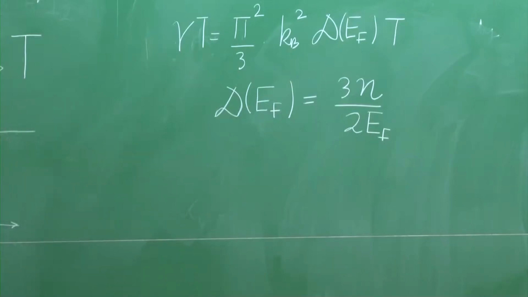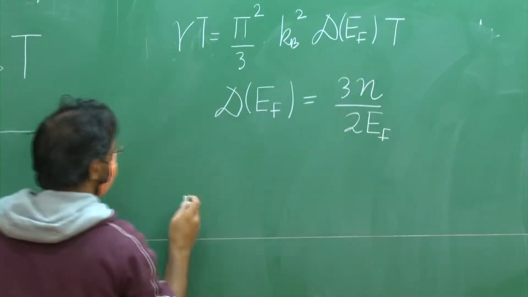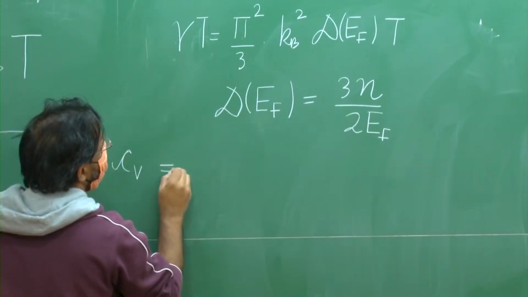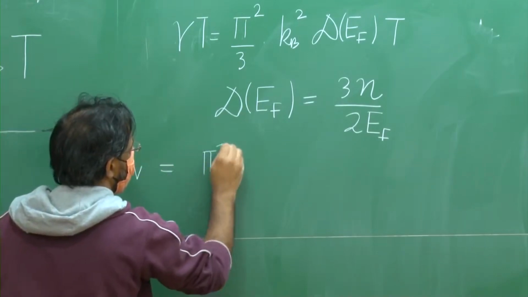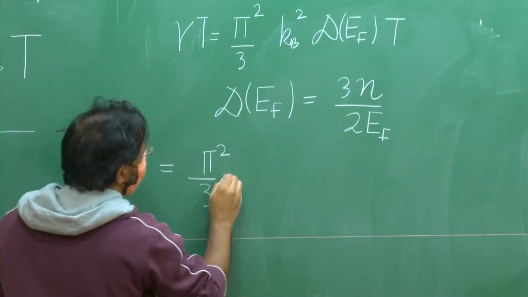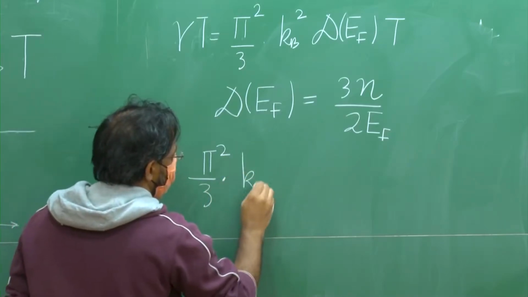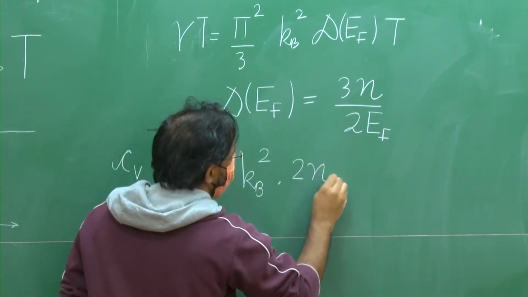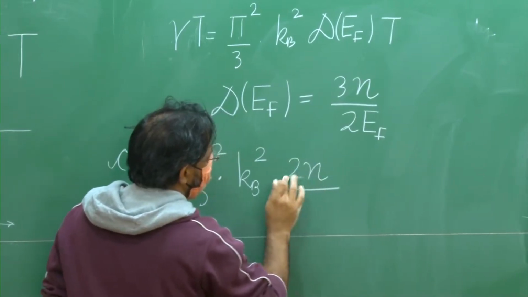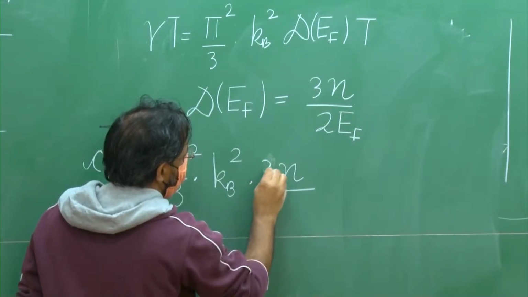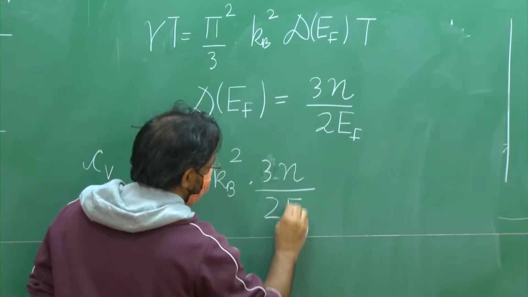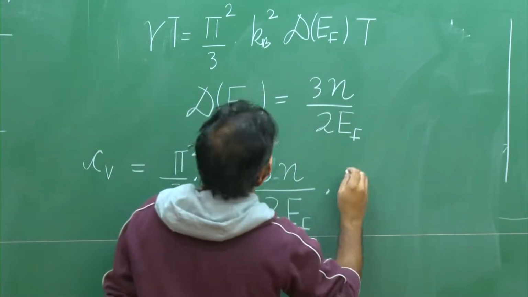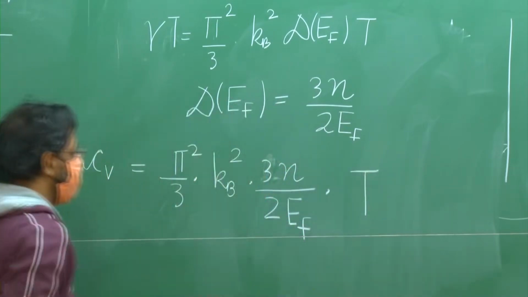Yeah? So we can plug that in over here. So then your Cv would be pi square by 3 times kb square times 3n over 2ef times T, right?